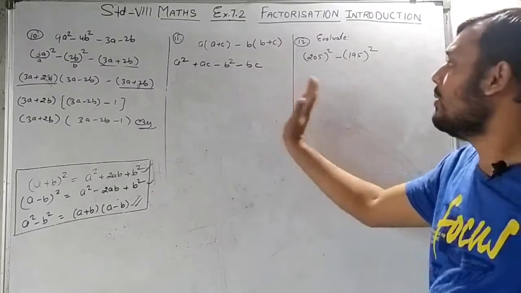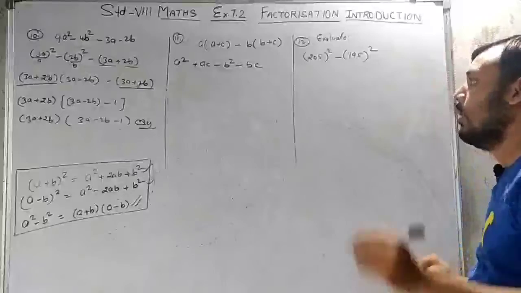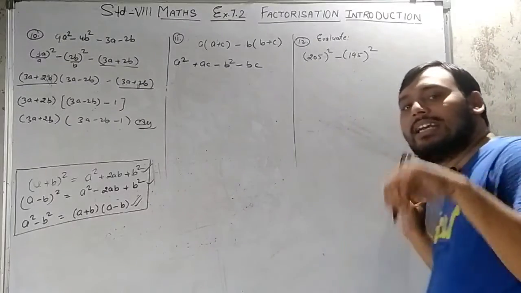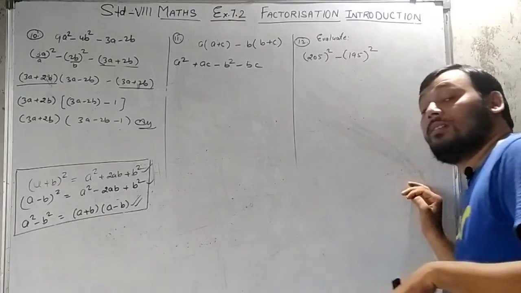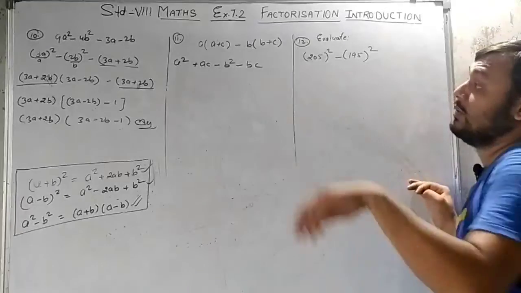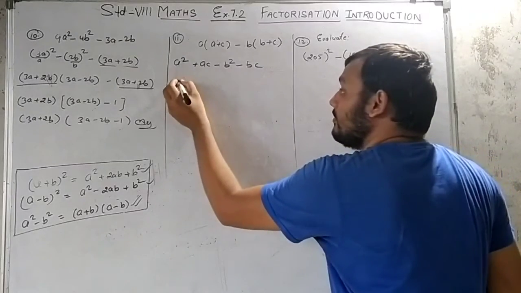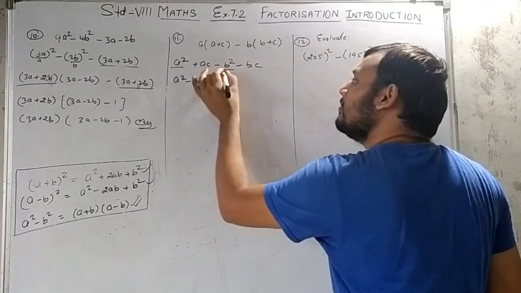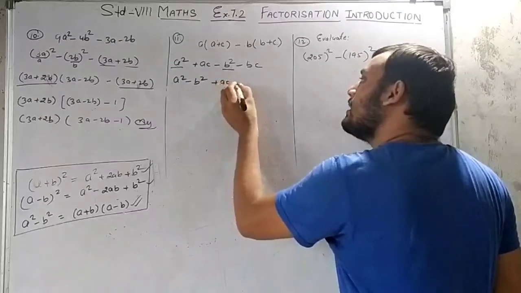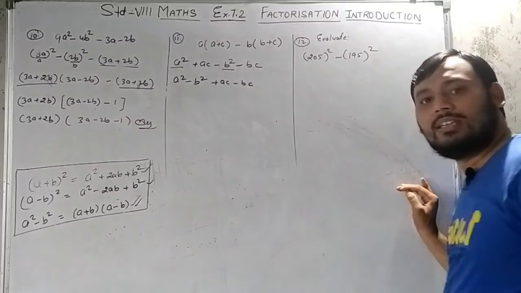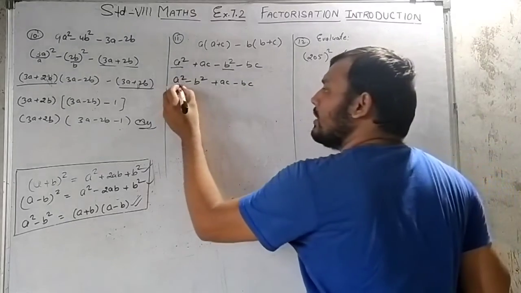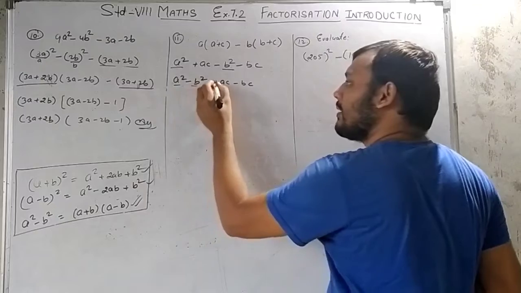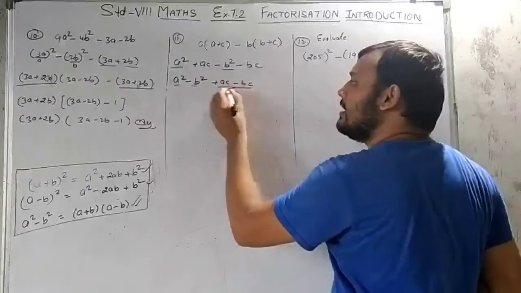What we have to do, we are observing here one relation, and that relation, watch carefully, is that we can write it as a square minus b square and this plus ac and minus bc, like this.